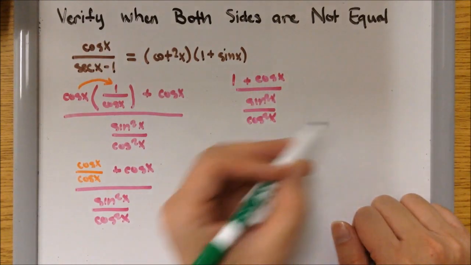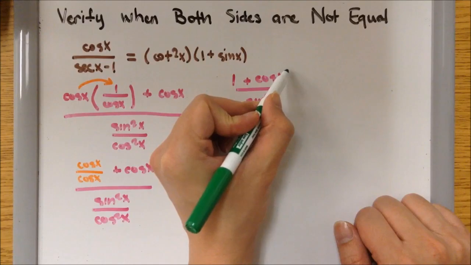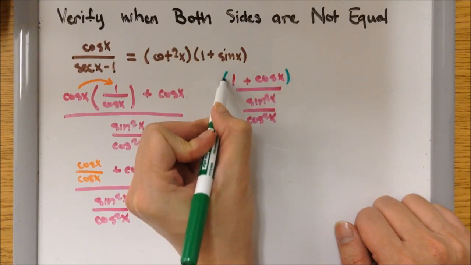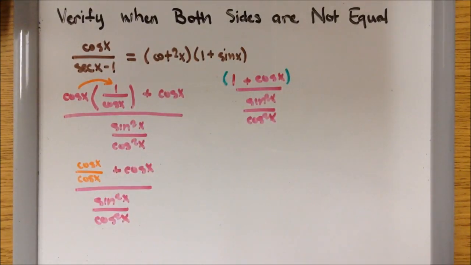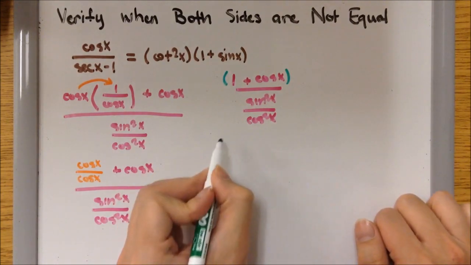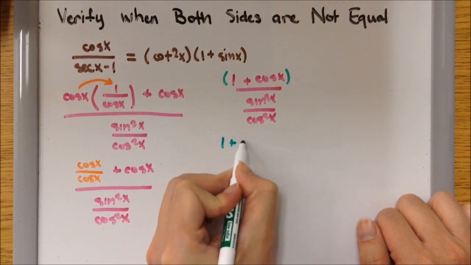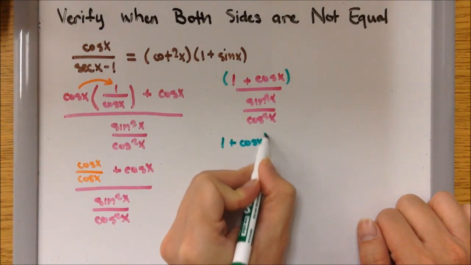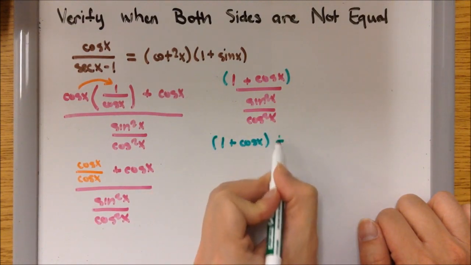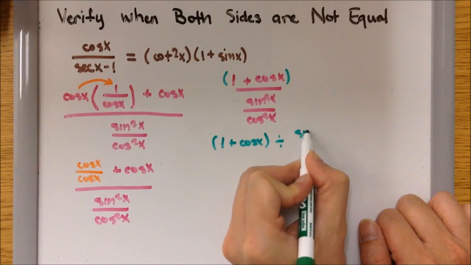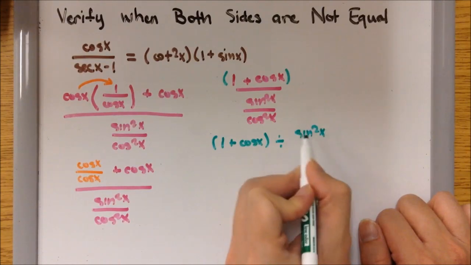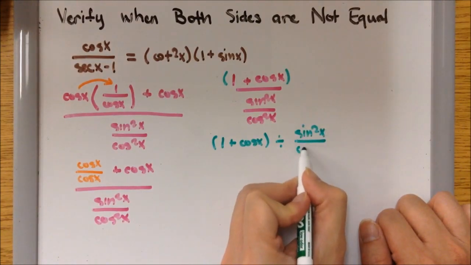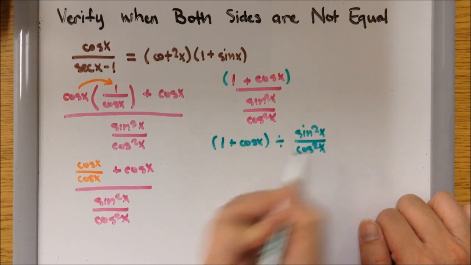So since I have more than one part, I'm going to put it in parentheses. Just like that. Now I'm going to rewrite it as a division of fraction. 1 plus cosine of x divided by sine square x over cosine square x.